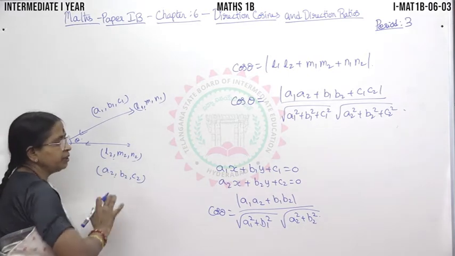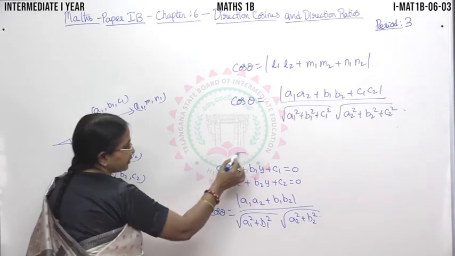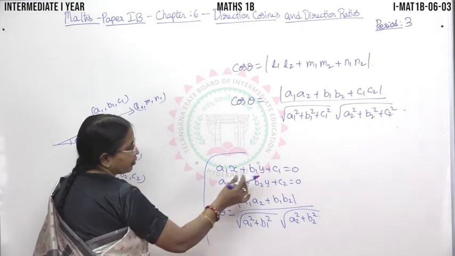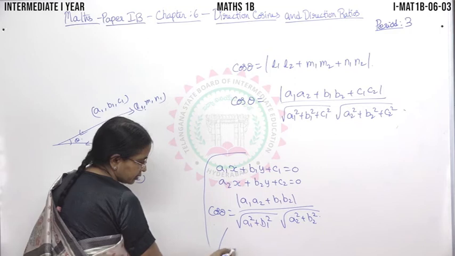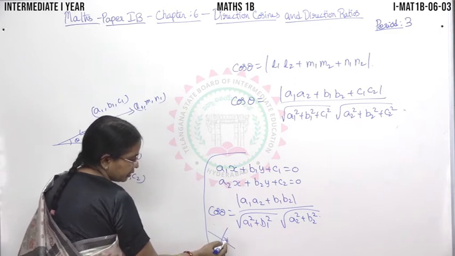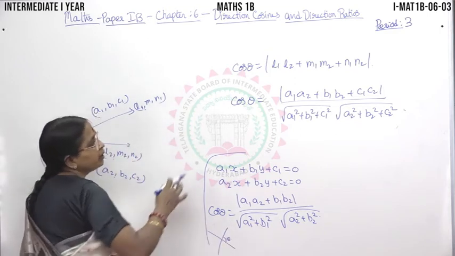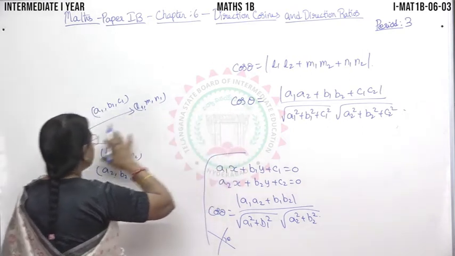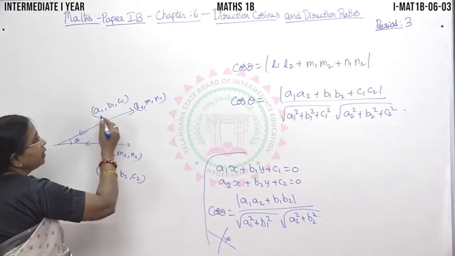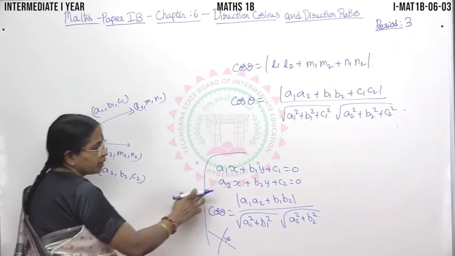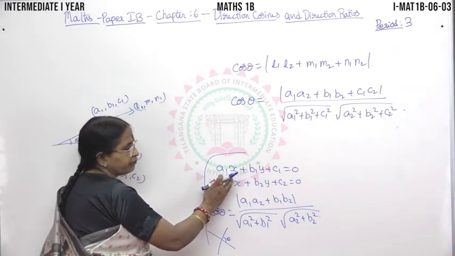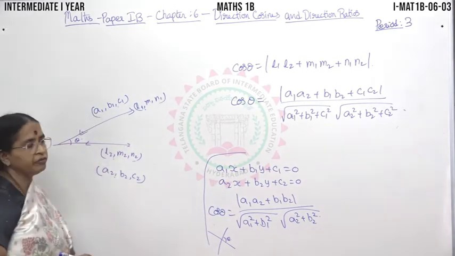So understand the difference between the cos theta formula in two dimensions. These are two straight lines, and the angle between them is theta, given by this formula. Here also there are two straight lines, theta only, but A, B, C are the direction ratios. Here A, B are the coefficients of x and y.